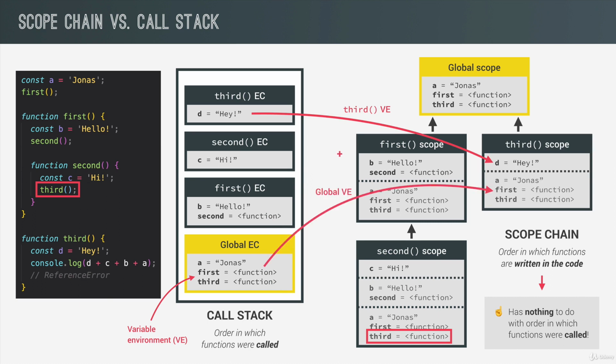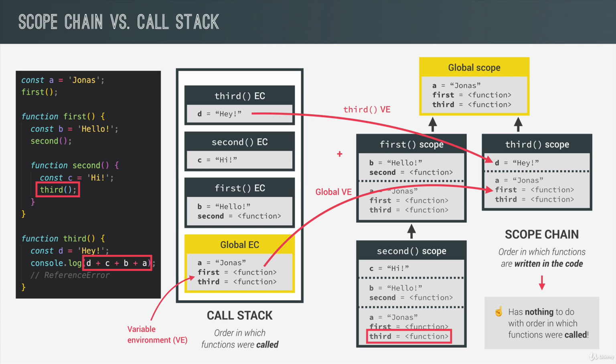Great. So what happens in this third function? Well, we're trying to access variables b, c, d, and a here. D is no problem because it's right there in the third function's scope. So that one is easy. Then variable c is not in a local scope, and so JavaScript needs to do a variable lookup.